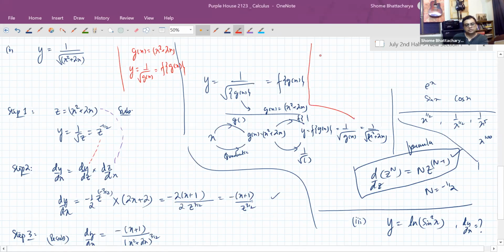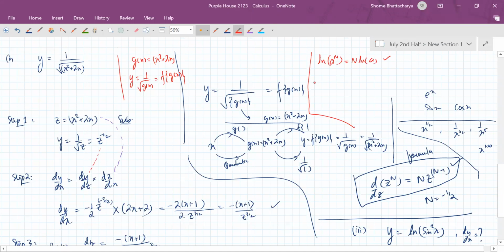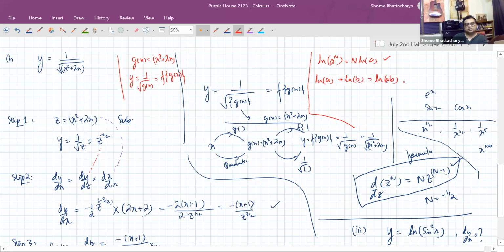And the third one was the power one: ln of a to the power n is n times ln a. There's another property that is not being used here, but the first one is being used. So always remember, whenever we have some ln based function and it is possible to simplify it, you can use any of these three.